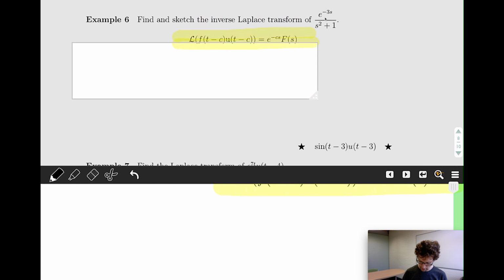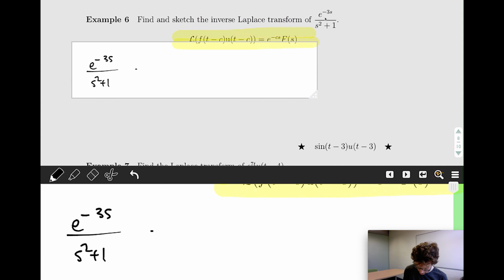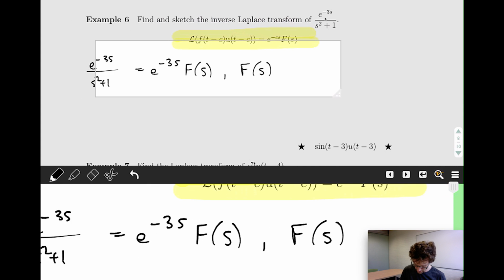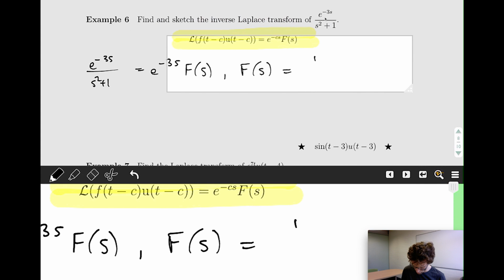So I've noticed that this e to the minus 3s over s squared plus 1 looks like e to the minus 3s times a function F of s, where F of s is equal to 1 over s squared plus 1.